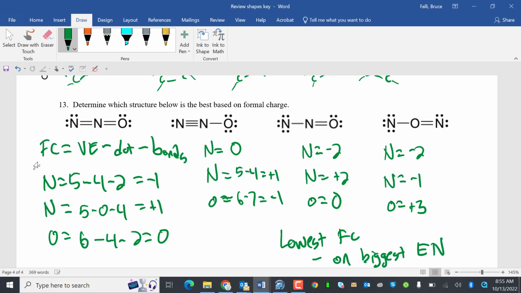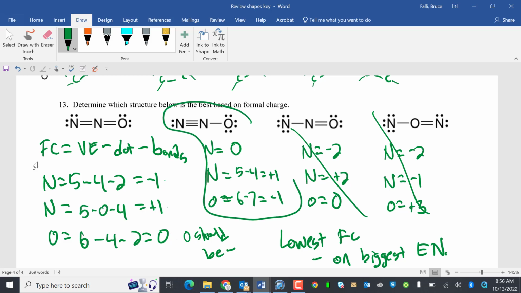And remember, fluorine has the most electronegativity. So we're going to look for the smallest numbers here. These guys are out with their 2s and 3s. On this one, I've got nitrogen with a negative, nitrogen with a positive, and oxygen with a 0. O should have the negative. So that's why this is the one we're going to go with.